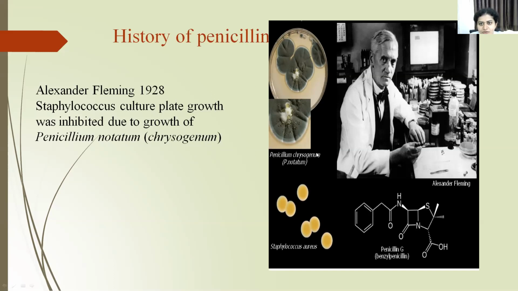The growth of Staphylococcus aureus was inhibited because of this antibiotic, produced by Penicillium chrysogenum and Penicillium notatum.